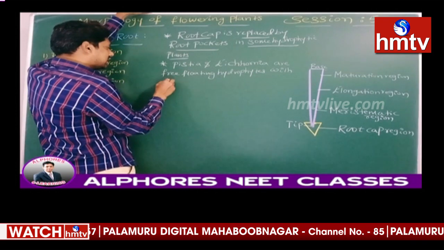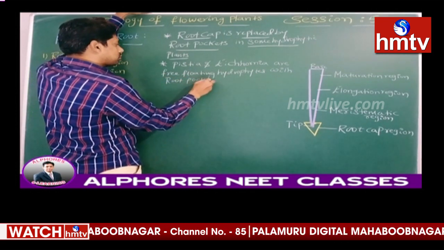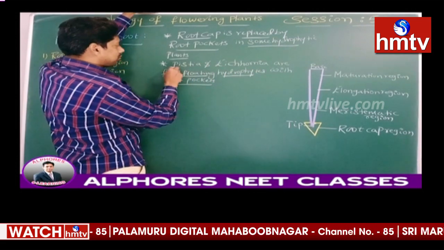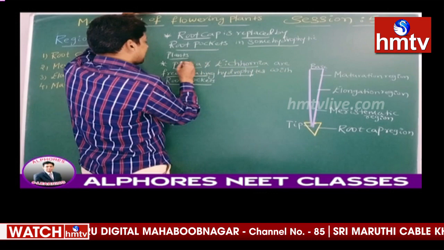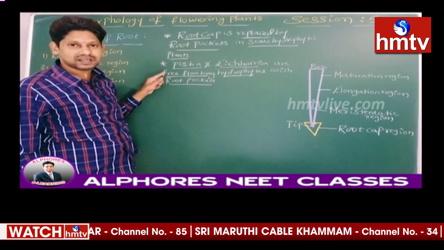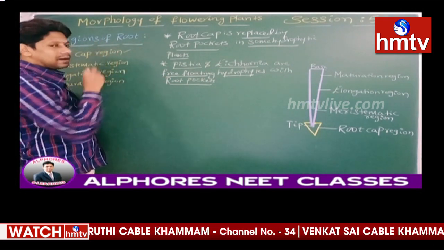Is this statement okay? Pistia and Eichhornia, these two are free floating hydrophytes with root pockets, right? With this we completed the root cap region.